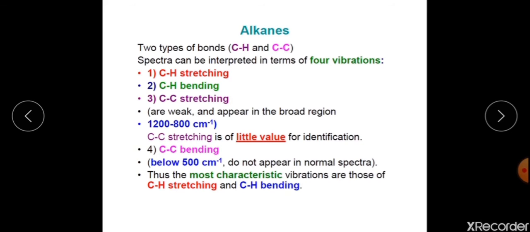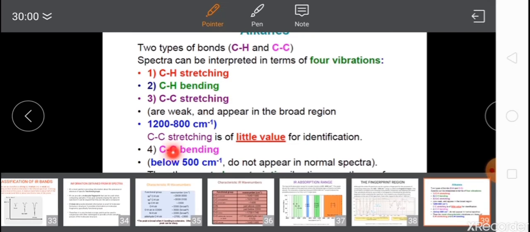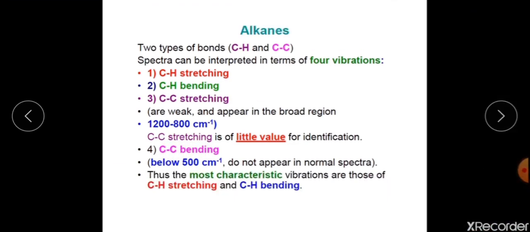It can have four different types of vibrations. These include the CH stretching vibration, CH bending vibration, carbon-carbon stretching vibration, and carbon-carbon bending vibration. So in the case of alkanes we have four different types of vibrations: carbon-hydrogen stretching, carbon-hydrogen bending, carbon-carbon stretching, and carbon-carbon bending.